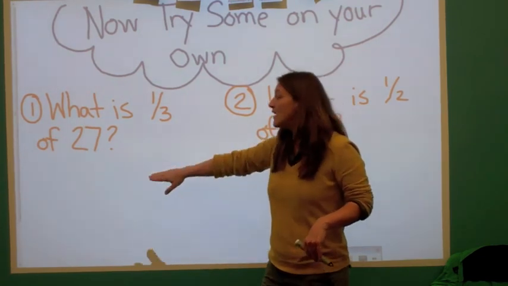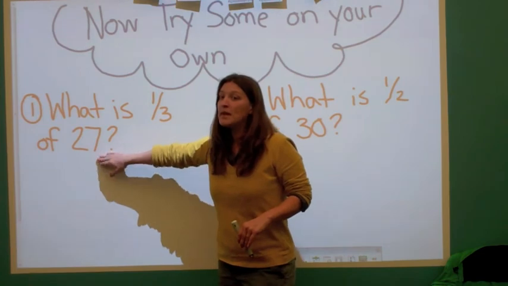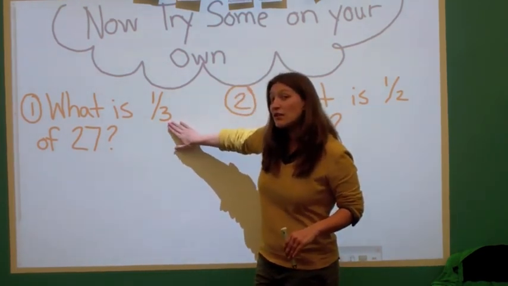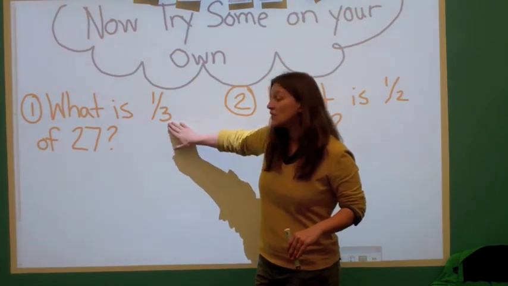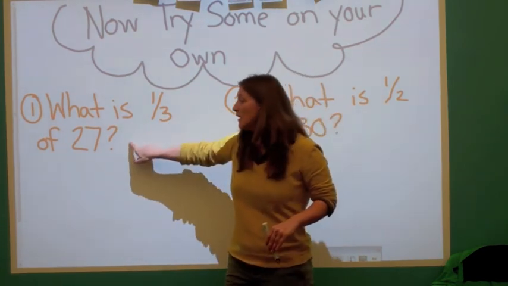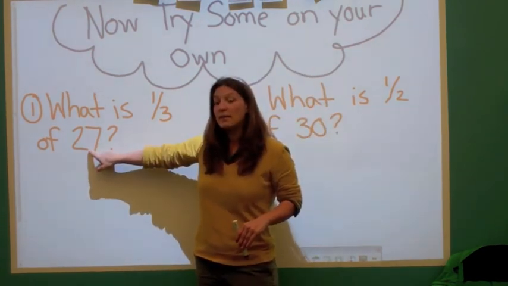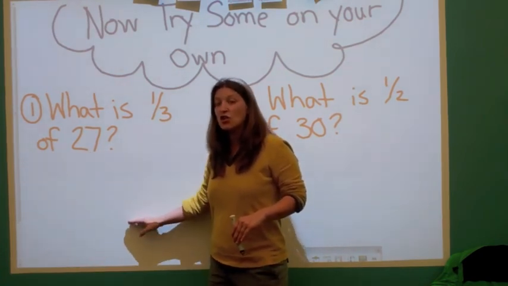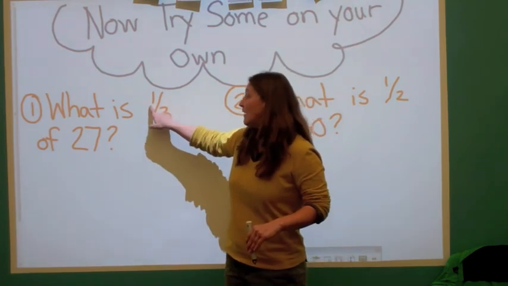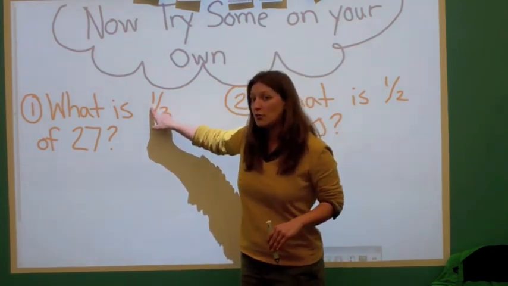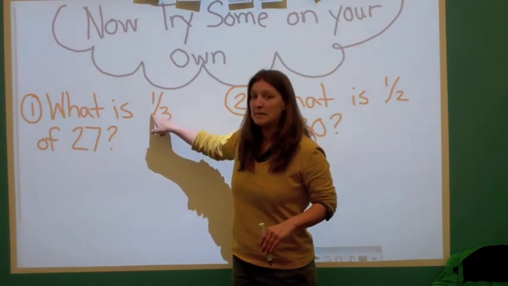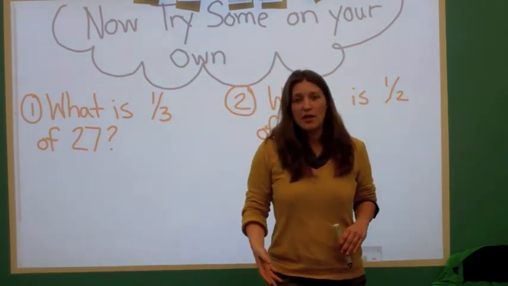Remember, identify your whole number, identify your denominator, draw that many circles, ask yourself how many times does 3 go into 27, put that number of tallies in each circle, and then locate your numerator and count how many is in that. That will give you your fraction of a number.